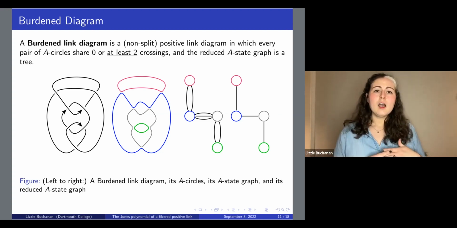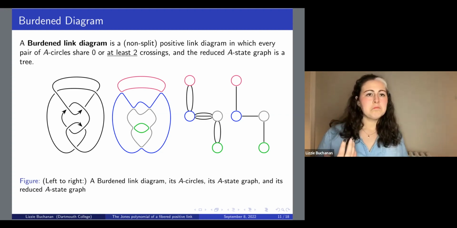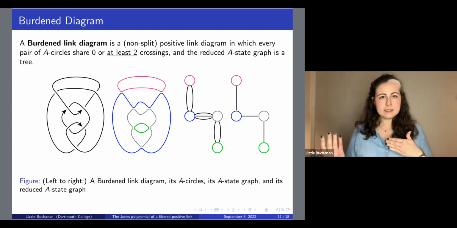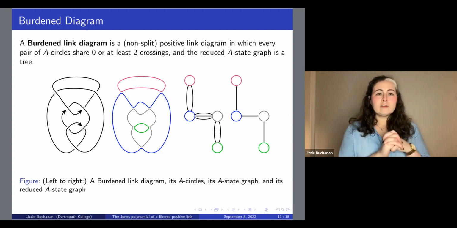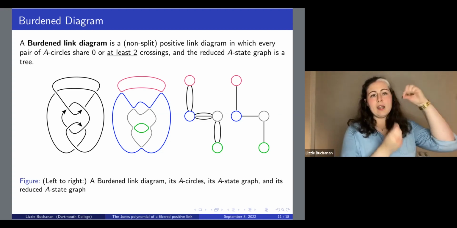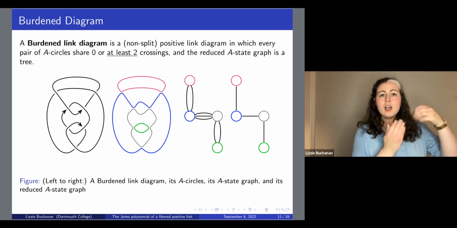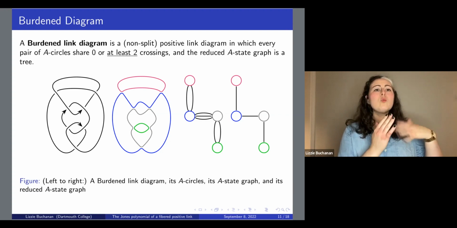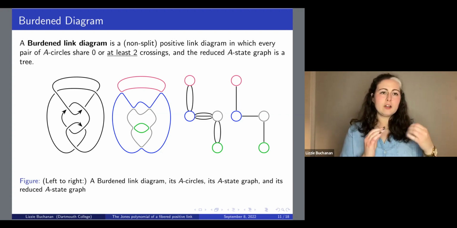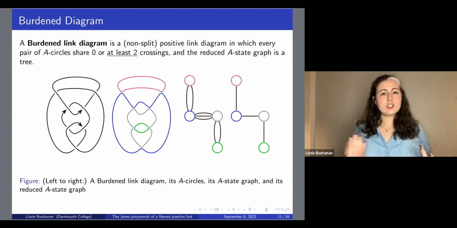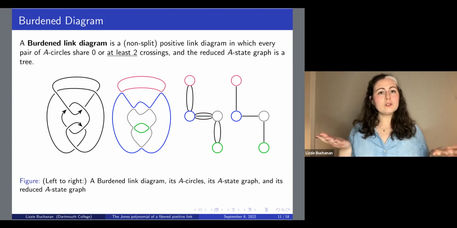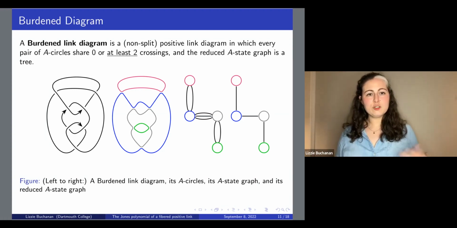So by that, it means that we're going to have a positive diagram where the reduced A state graph is a tree. Again, that's going to give us that fiberedness property. And we're also going to require that every pair of A circles that share crossings will have to share at least 2 crossings. So again, it's essentially a balanced diagram, but a burdened one could be overburdened with extraneous edges.